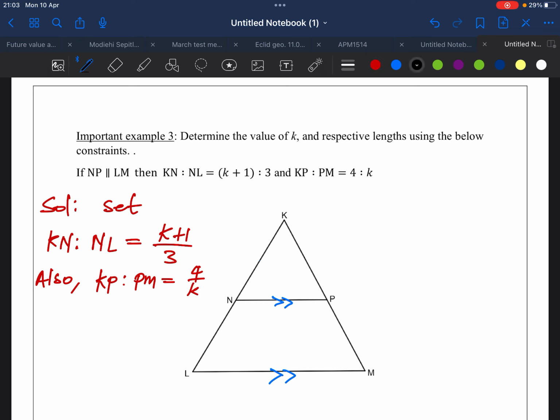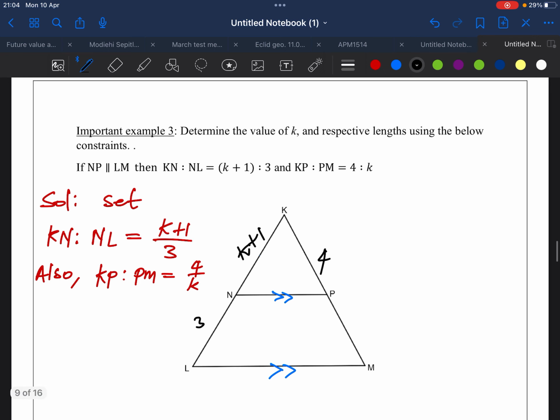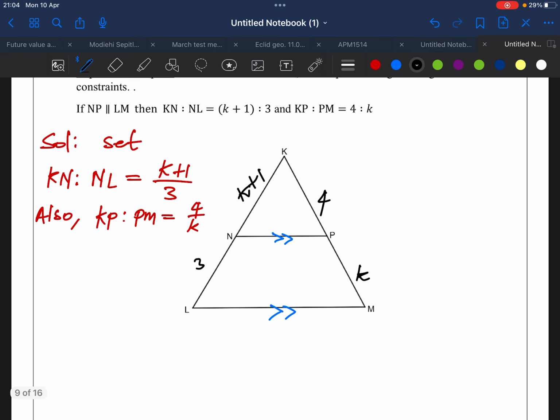So it is clear that KN will take k plus 1 and NL will take 3. What about KP? KP we have 4, then PM we have k.